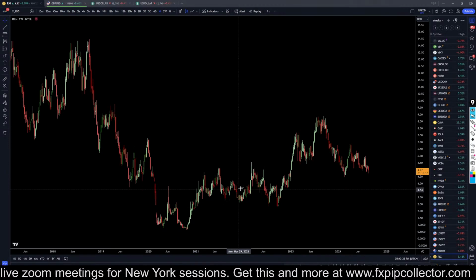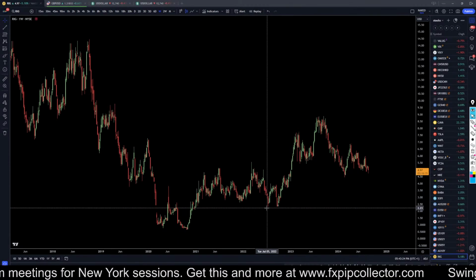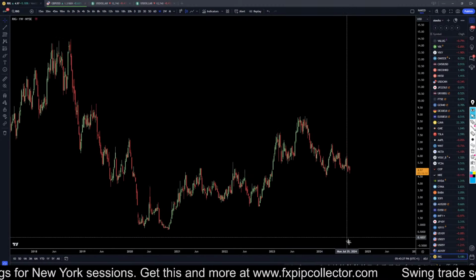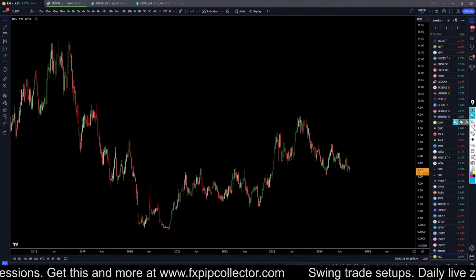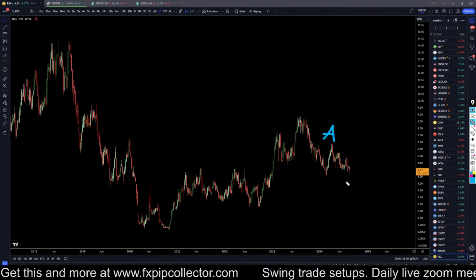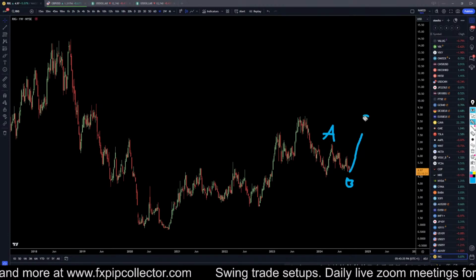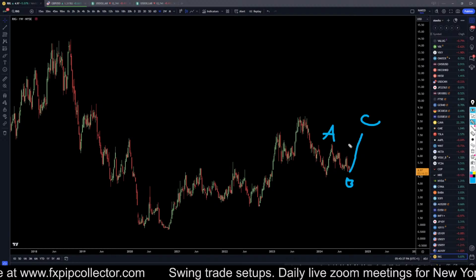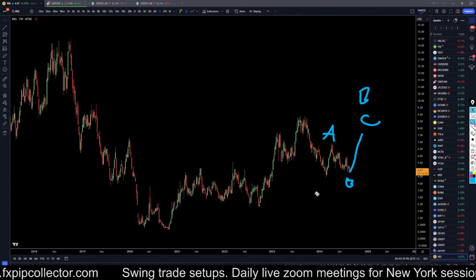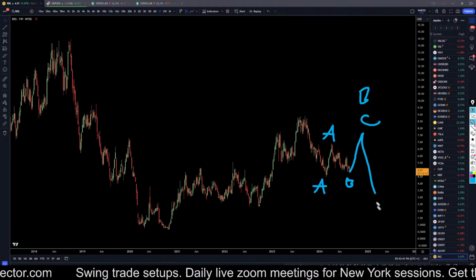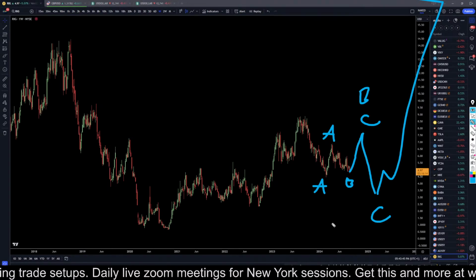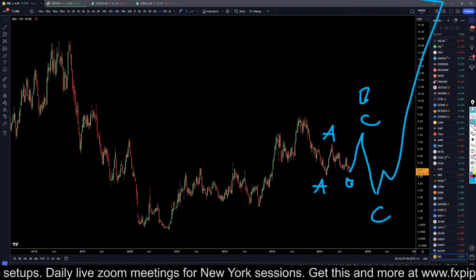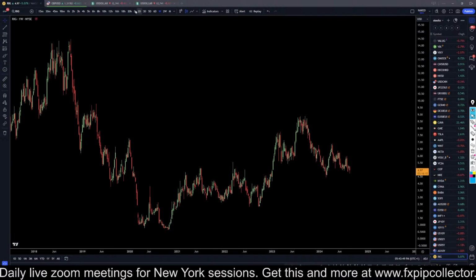I've never looked at this chart in my life, so all I can do is an educated guess. I think that we're in a wave ABC right here. Probably an ABC or B. This is definitely what I would expect to see: an ABC and then probably a continuation of the uptrend.